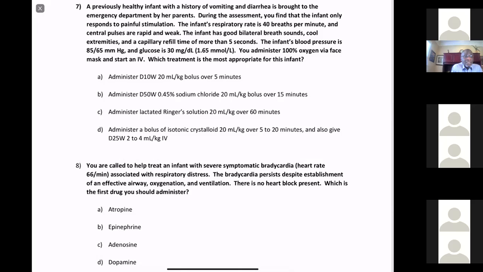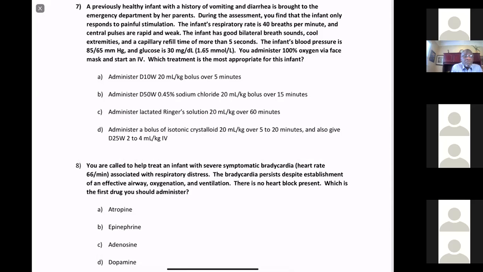Administer D10W, 20 mils per kilogram bolus over 5 minutes. Administer D5 0.45 normal saline, that's D5 with half normal saline, at 20 mils per kilogram bolus. Administer lactated Ringer's solution, 20 mils per kilogram over 60 minutes.